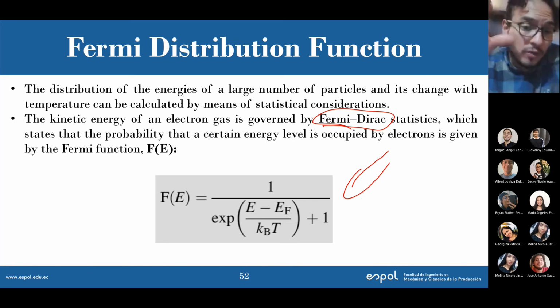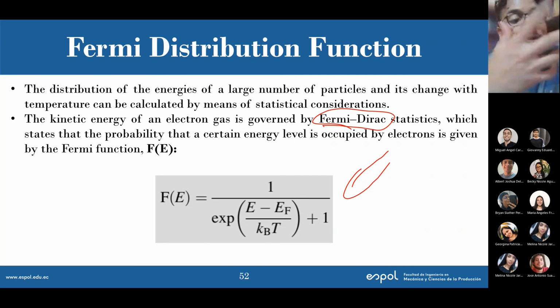In this case, the equation was adapted for the distribution of electrons, and what this equation describes is the probability that a certain energy level is occupied by electrons.